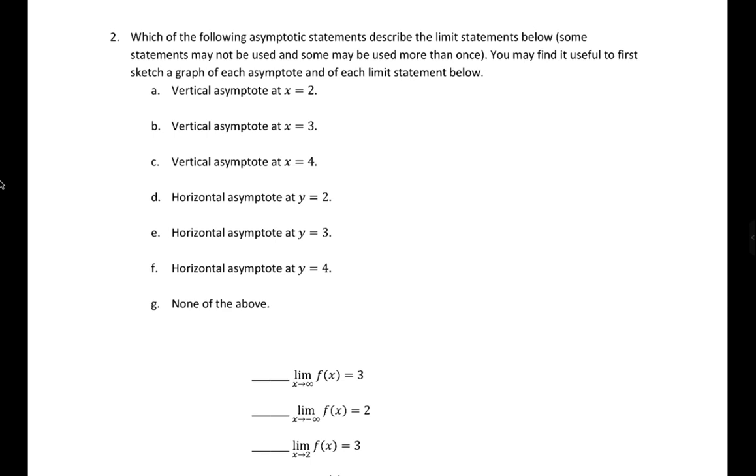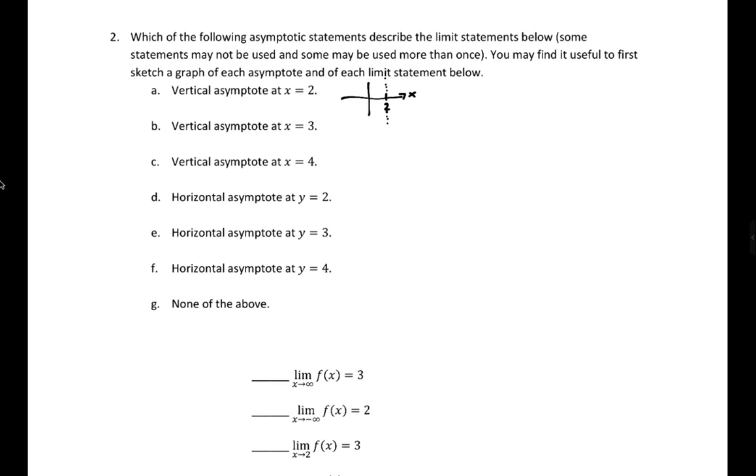Ultimately, we know that this question is a matching question, and so we can just take the hint that was given. If I imagine what a vertical asymptote at x equals 2 would look like, that should be a vertical line at x equals 2, and then I don't know what else is happening with the function, but I know that from the left or from the right, somehow it should be approaching this vertical line.